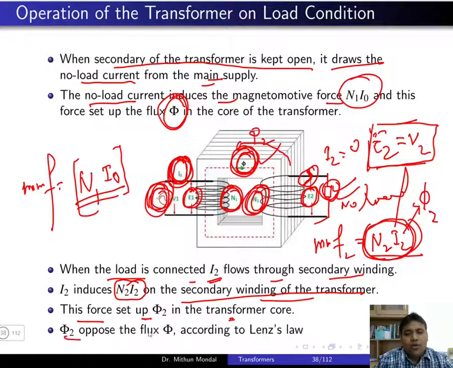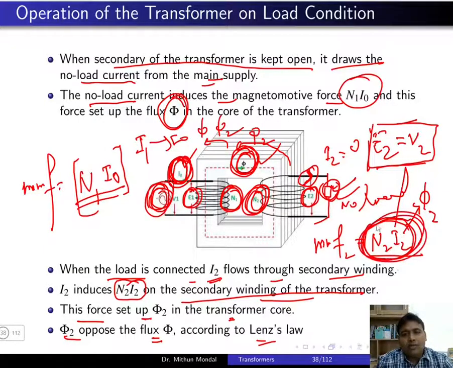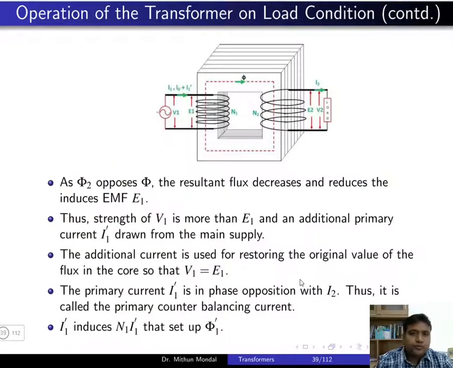So phi 2 will oppose the main flux in accordance with Lenz's law. So the current I naught, which was under the no load condition, produces the flux phi, and this is opposed by phi 2, which is due to the product of N2 into I2.